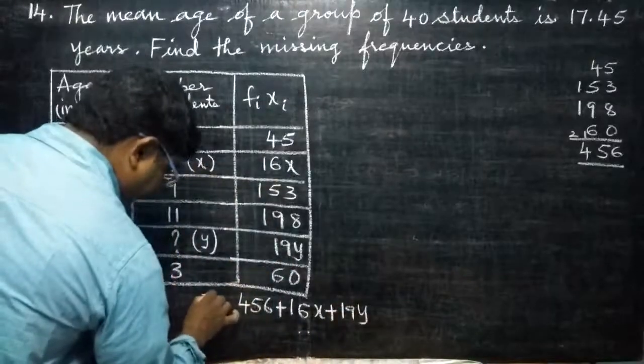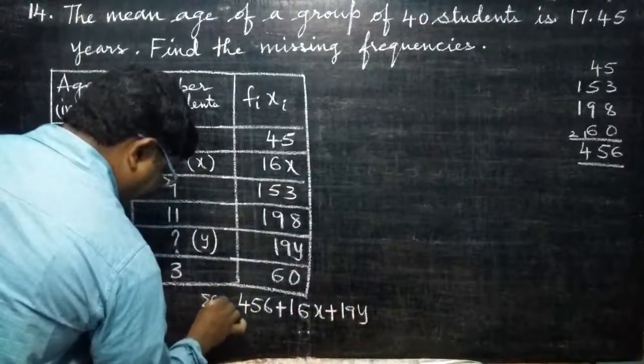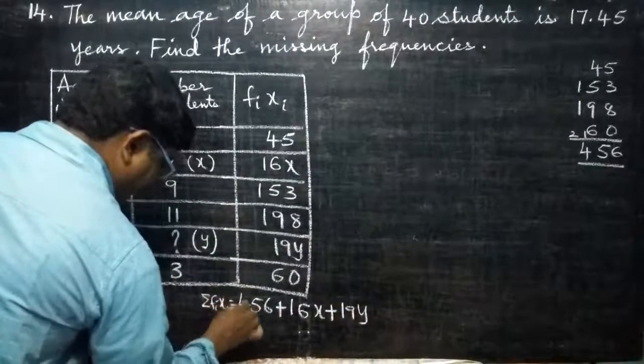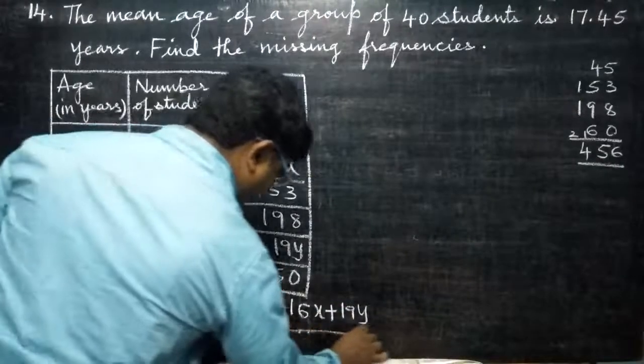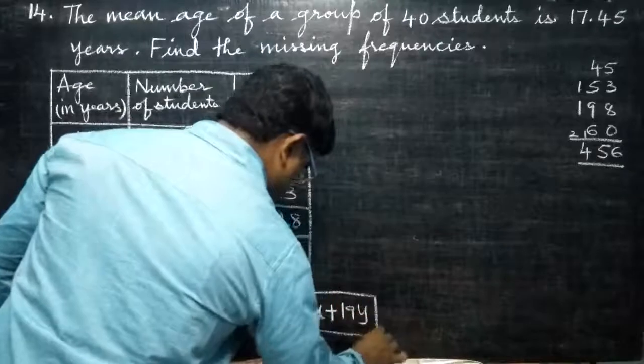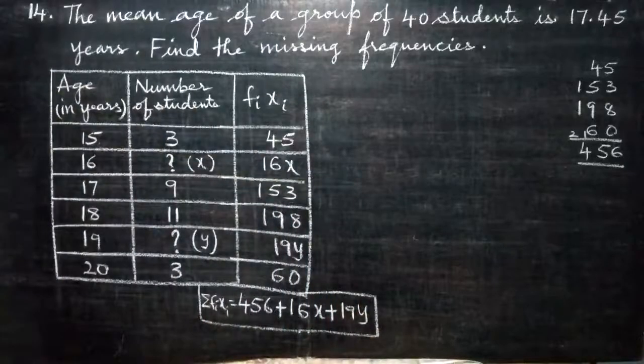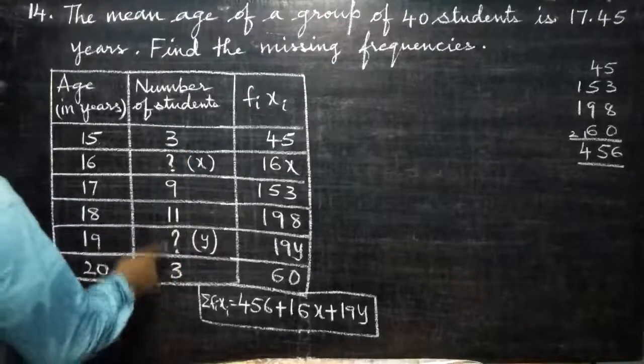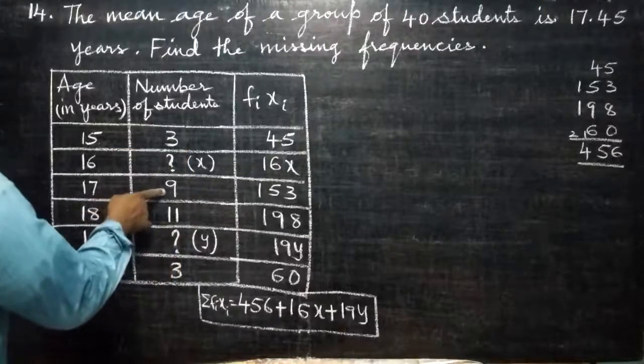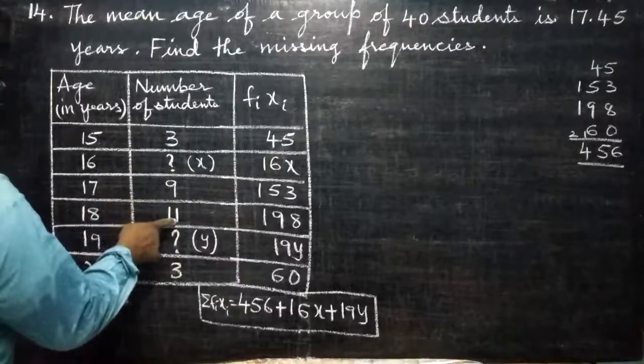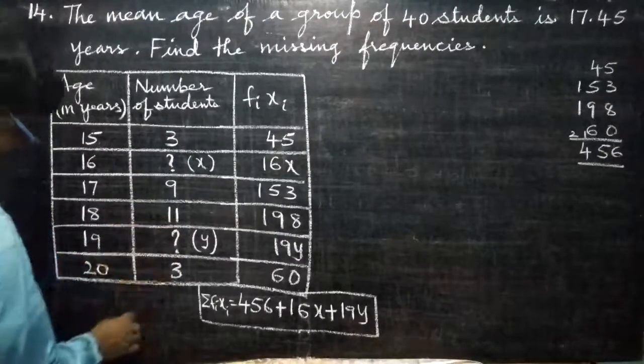What is this one? Sigma fi xi is equal to 456 plus 16x plus 19y. Now add this one also. 3 plus 9 is 12. 12, 13, 23, 26.